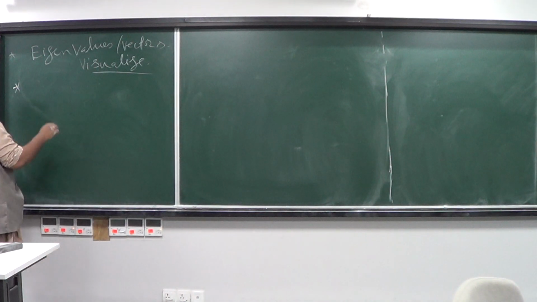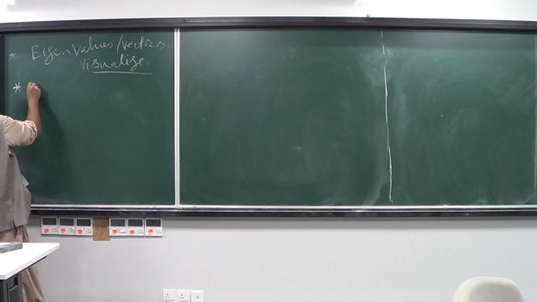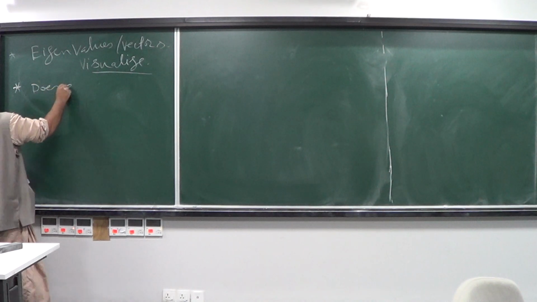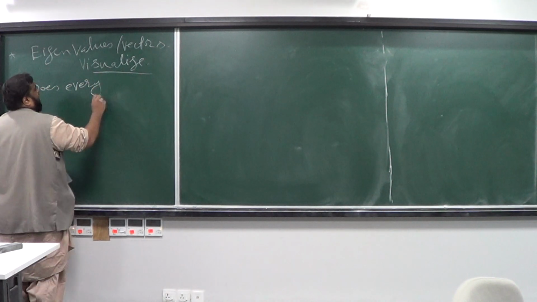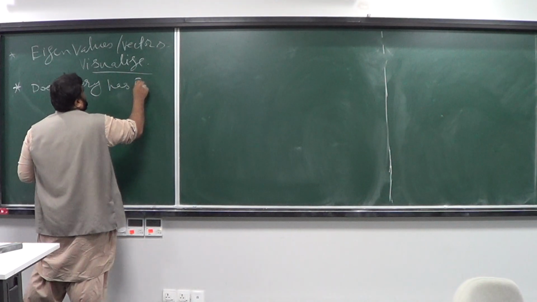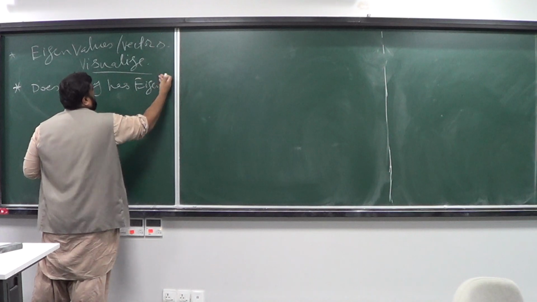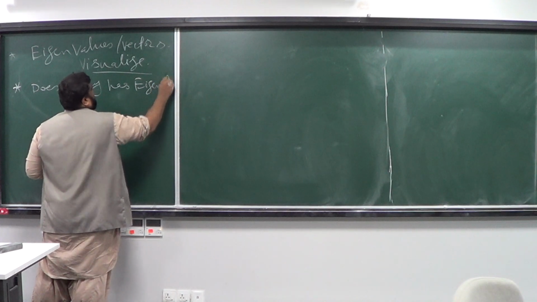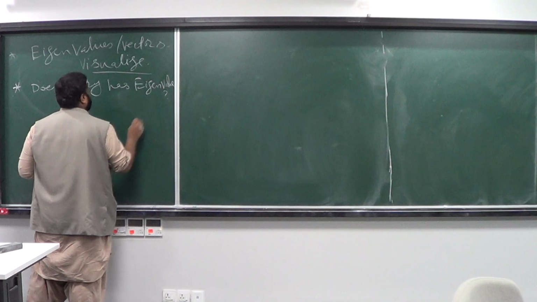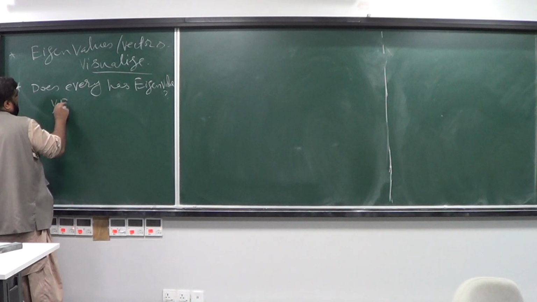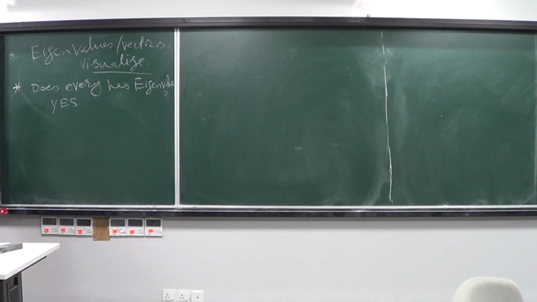We would like to answer this question: does every matrix have an eigenvalue, and hence an eigenvector? The answer is yes. We will prove it in the form of a theorem.